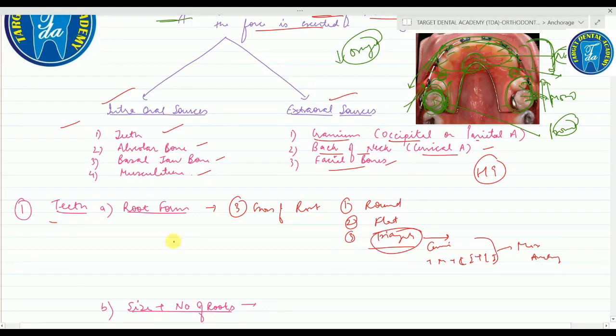The triangular roots provide more resistance, or more anchorage, than the round and flat roots.